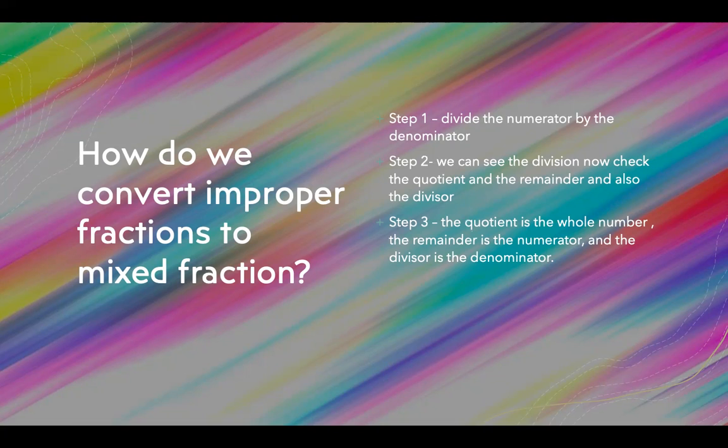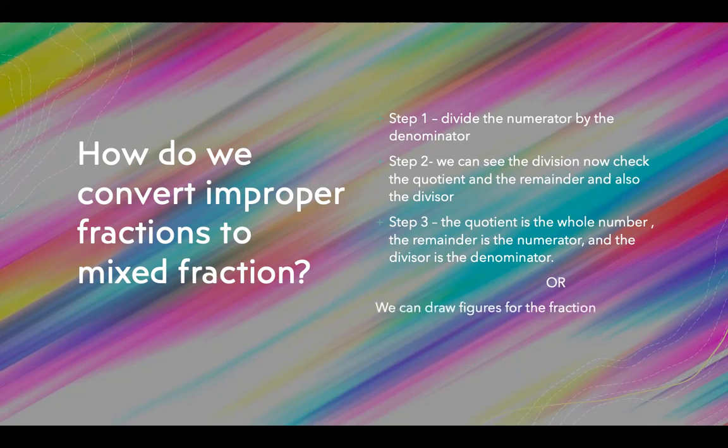So if you remember at the start, I told you what a mixed fraction is. It always represents a whole number and a fraction. So the whole number is the quotient you've got in the division, and the remainder which you've got from dividing is the numerator of the mixed fraction, and the denominator is the divisor which you have divided the dividend by.